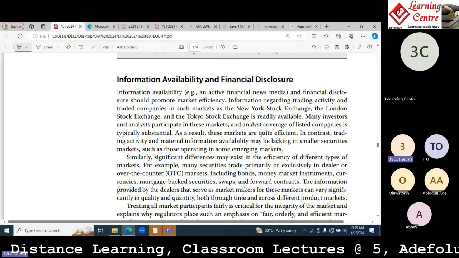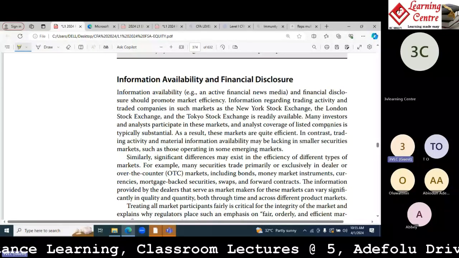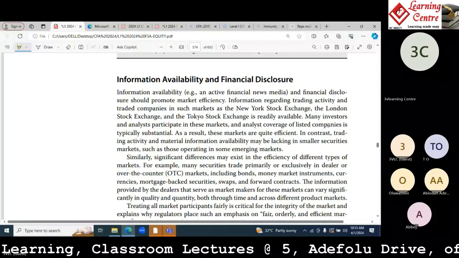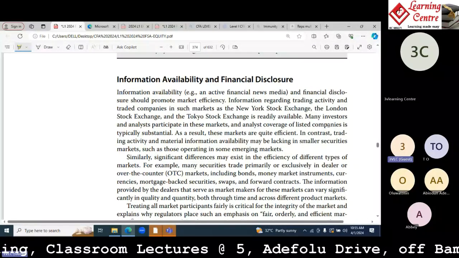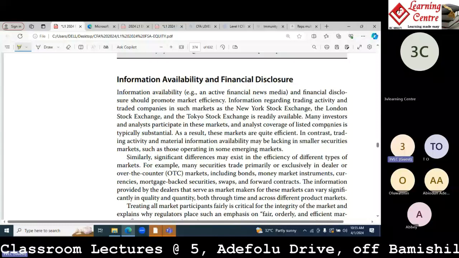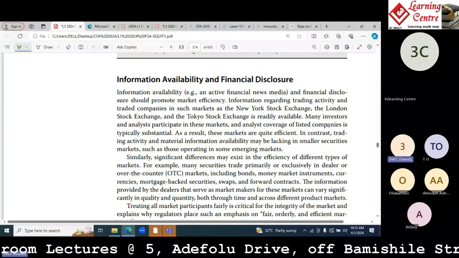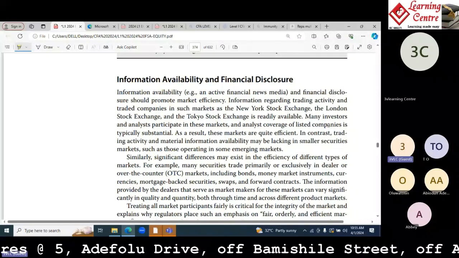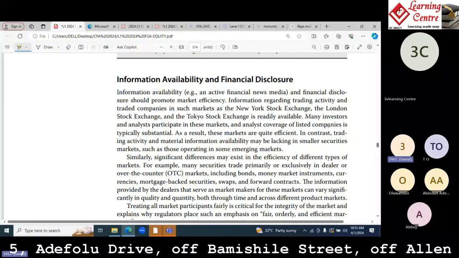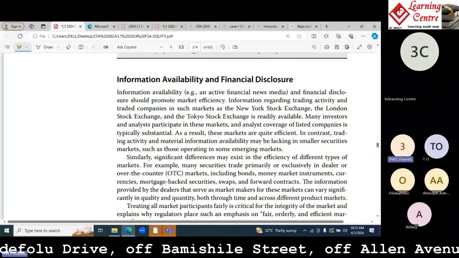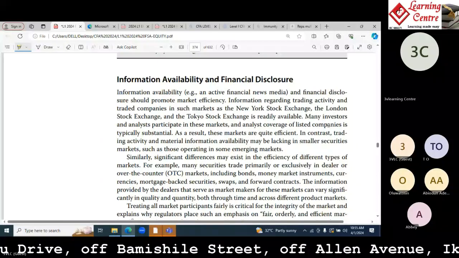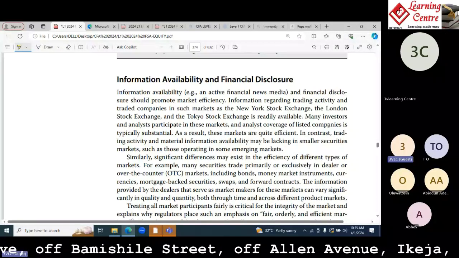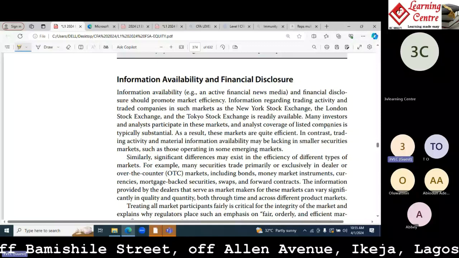Do they make the information available to everybody? You are getting the point. So for me, the availability of that information, the disclosure of that information, and how the information spreads will also drive your market to efficiency. The day MPR was increased, it was everywhere.